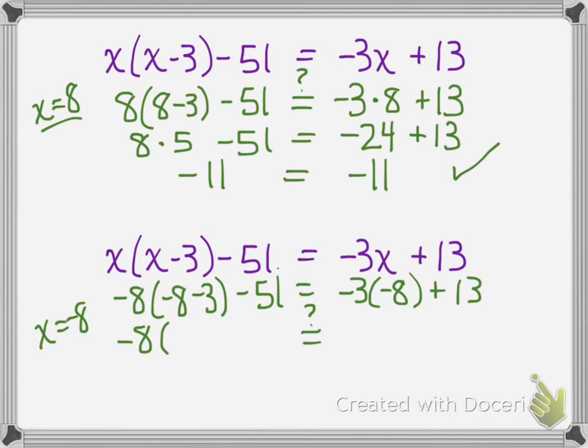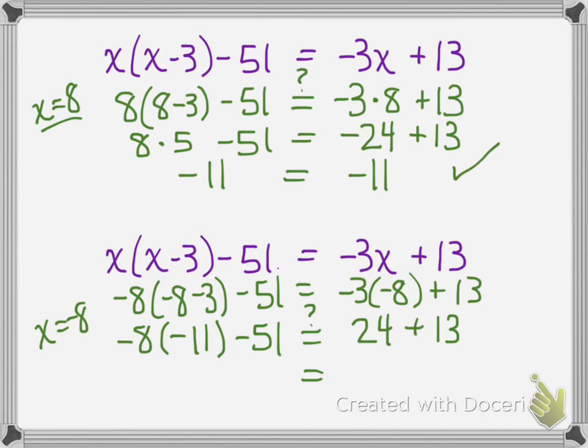If you're still struggling with positive and negative numbers, I would really recommend going back to the number line. I'm at negative 8 and I subtract 3. I end up at negative 11 on the number line. Minus 51. And over here, we've got negative 3 times negative 8. Now this time I've got positive 24 plus 13.